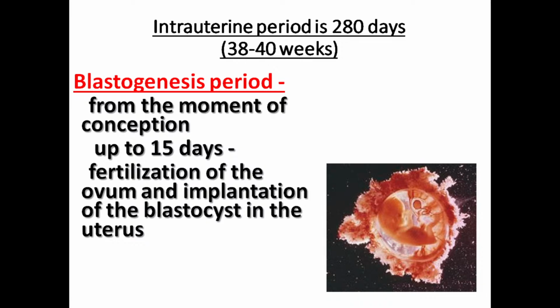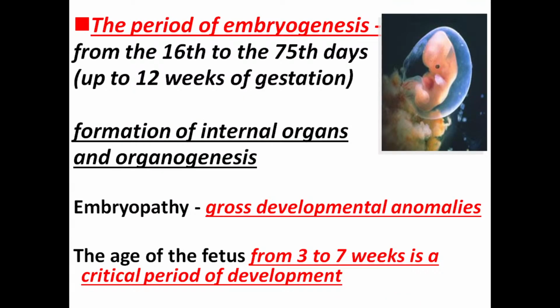Pathogenic factors can cause abortion or can cause some serious embryopathy. The period of embryogenesis from 16th to 75th days, up to 12 weeks of gestation, formation of internal organs and organogenesis, embryopathy, growth development anomalies.